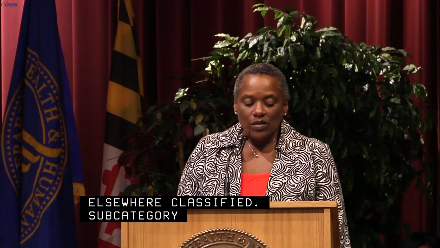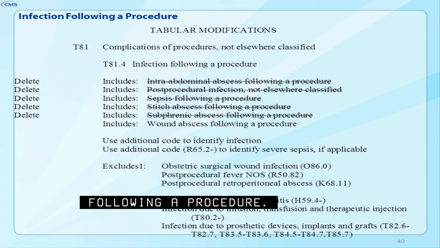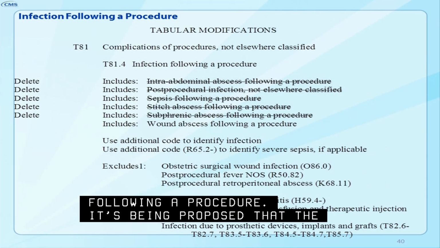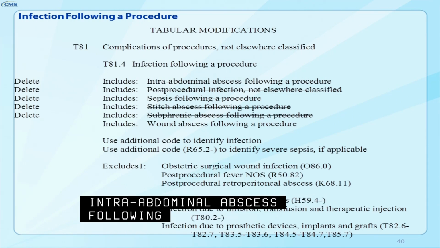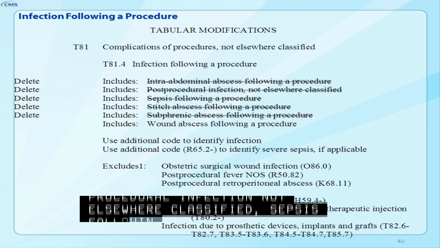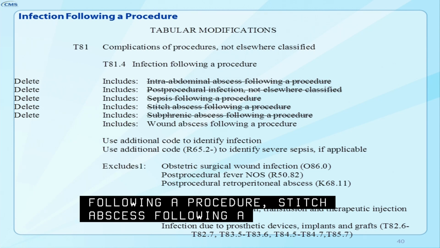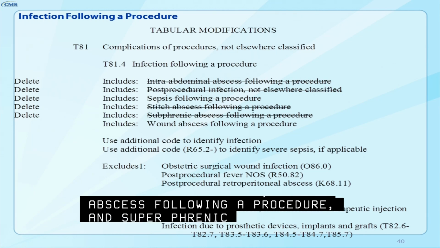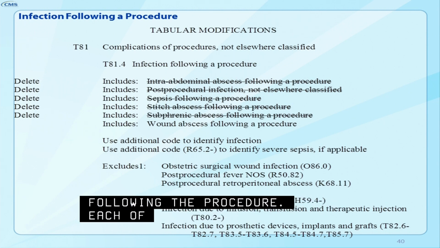It is being proposed that the following inclusion terms be deleted: intra-abdominal abscess following a procedure, post-procedural infection not elsewhere classified, sepsis following a procedure, stitch abscess following a procedure, and supraphrenic abscess following a procedure. Each of these inclusion terms are being proposed to be deleted.